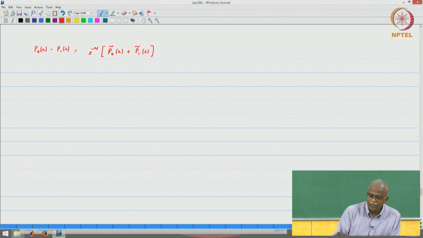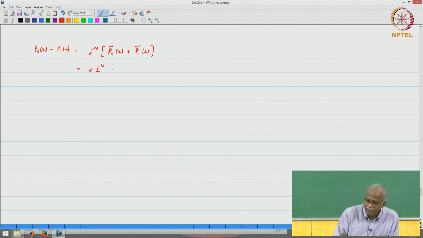So, p naught plus p1, you can take a tilde of the entire expression. So, this will be equal to alpha times z power minus n, whatever was there in the expression for p naught of z plus p1 of z, you have to take the conjugate of that.